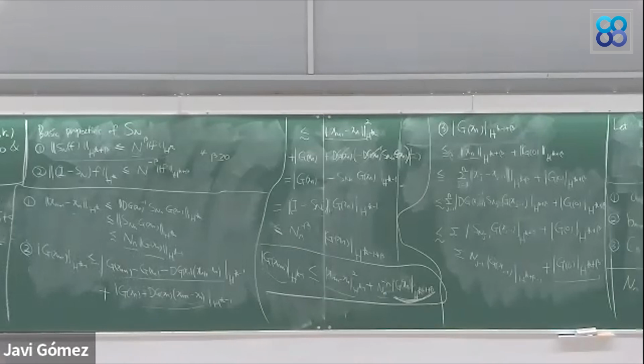Now we have to make some assumptions. I should have erased this. But what was the goal? Recall what we were doing: G for all k, and then we want to find x star such that G becomes 0.